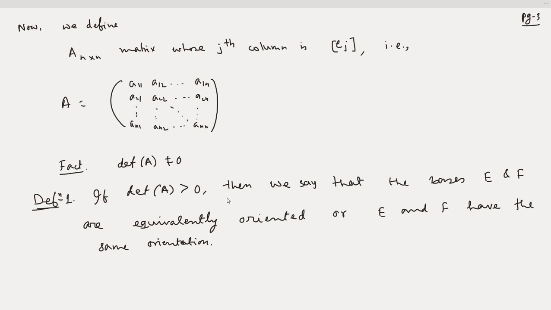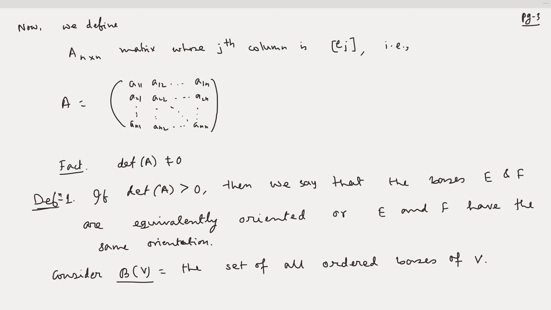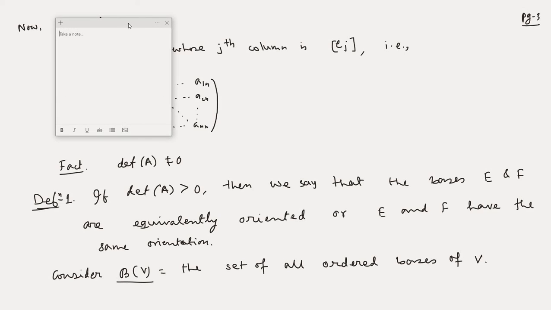Now consider B(V), the set of all ordered bases of the vector space V. Now we define a relation on the set B(V). This is page 4.